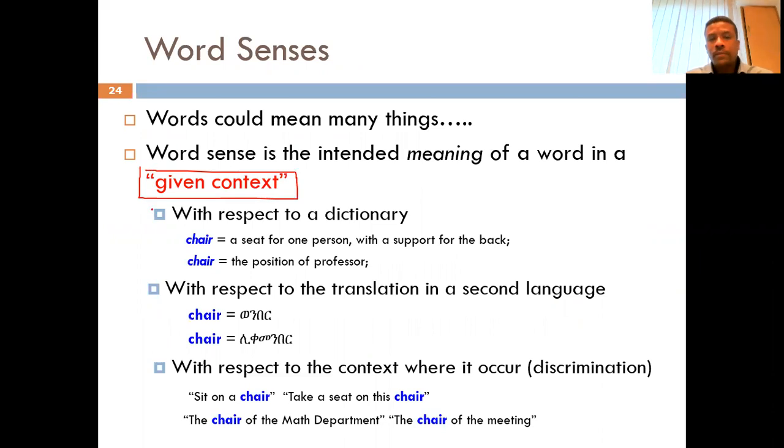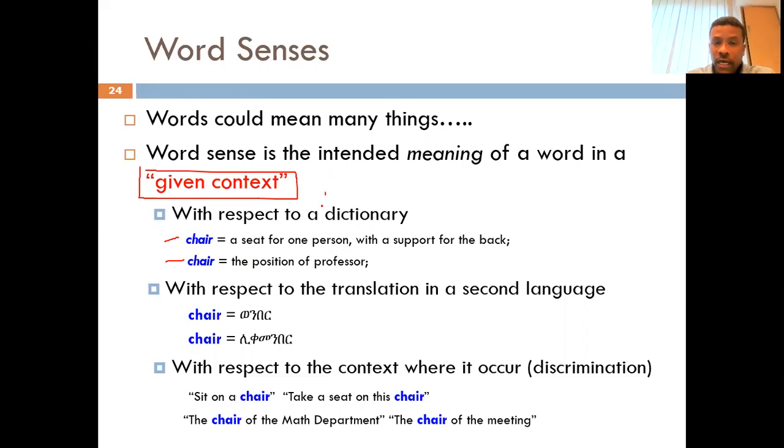For example, we have the word chair. We know that chair is ambiguous, but whenever it's used in a sentence, it will never be ambiguous, because in that context, it's going to carry only one of the meanings that it has. A seat, it can be a seat for a person with a support at the back, or it can be a position of a professor or an academic staff leading the department.